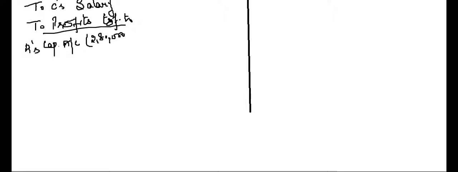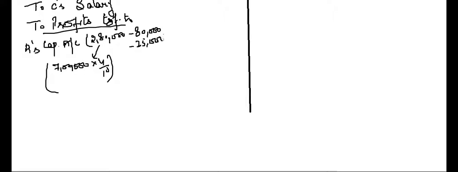How is this 2,80,000? 7 lakh into 4 by 10. Clear? Out of this 2,80,000, he has a firm deficiency of 80,000 and he has 25,000 towards C. So what will he get? He will get only 1,75,000. Clear?